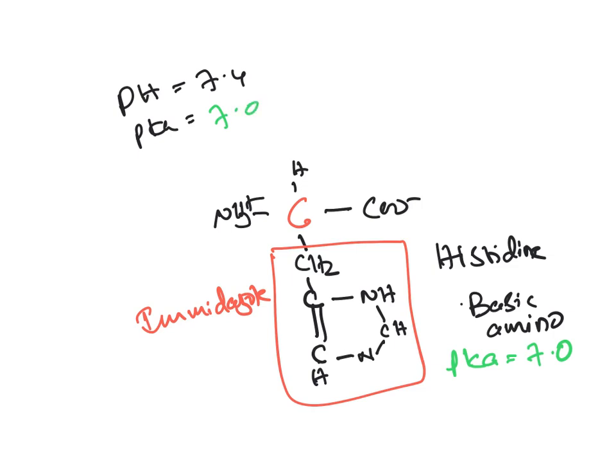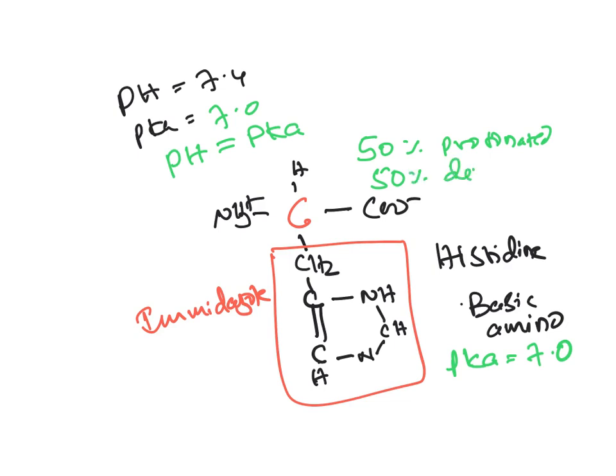So pH is almost equal to pKa, almost 7.0 and 7.0. When the pH is almost equal to pKa, that means 50% of this R group of histidine is protonated, and the rest 50% will be deprotonated.